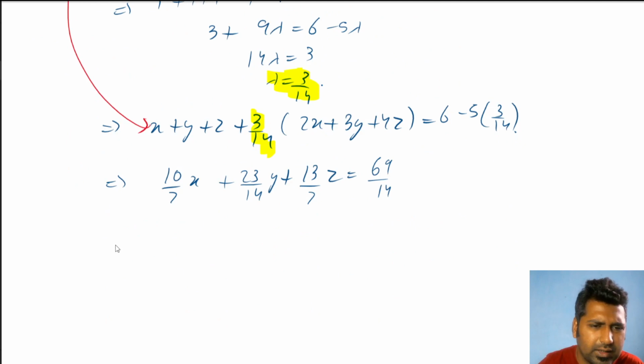So if I again write this with the 14 base, it is 20x plus 23y plus 26z is equal to 69.